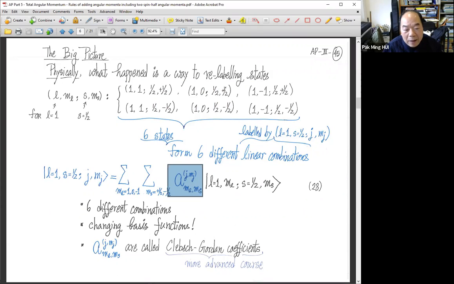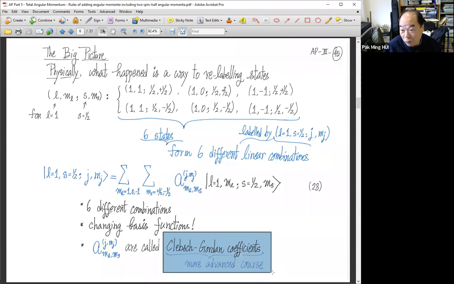And this is what I already mentioned. They are called the Clebsch-Gordan coefficients. It is a rather complicated thing to obtain. You need a lot of operator algebra. Nonetheless, there are tables to look up. That's the nice thing, okay? So you only need to know the big picture.